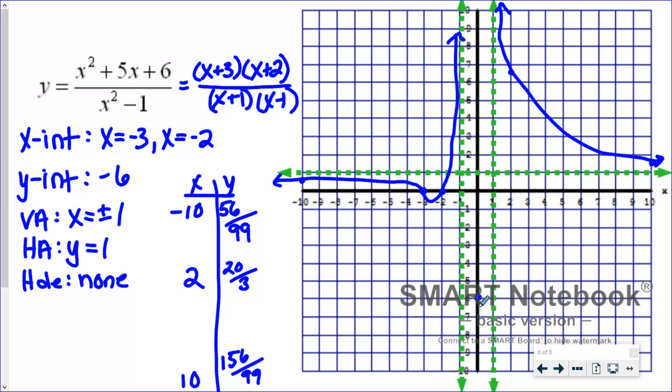Now down here we only have a few options. We can either make it look like a cubic going one way or the other, or it can look kind of like a parabola going up or going down. Again, we don't have any x-intercepts here, and we can't magically create extra ones. We can only use what we have here. So if we use that concept, then I know this is going to have to do this.